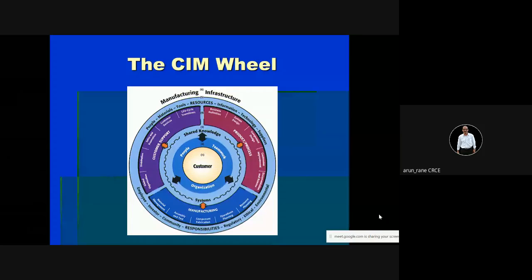Now this manufacturing will include your material management, assembly, testing. If you start from here, it is resources planning. Resources means your men, your raw material, your equipment, your machine tools, anything which helps in manufacturing.